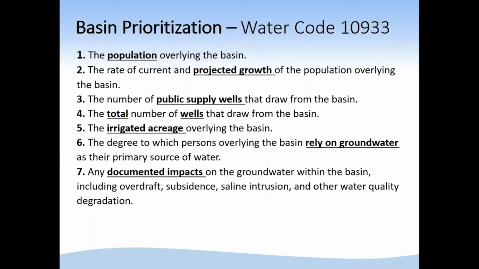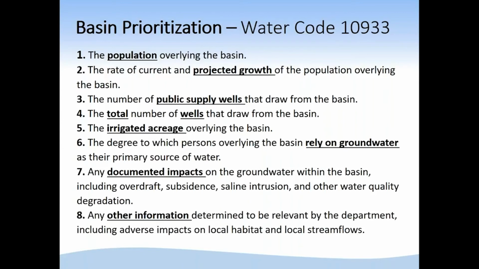There are some additional details there in terms of what type of documented impacts. And then the aforementioned other information that we deemed relevant, including the adverse impacts on local habitat and stream flow.